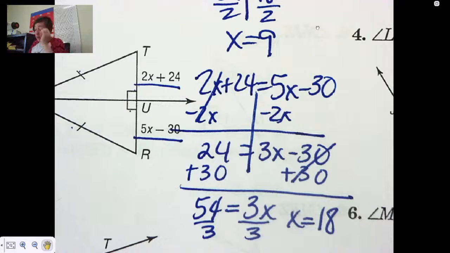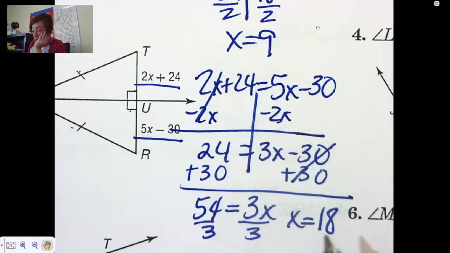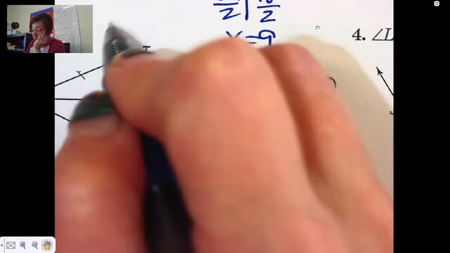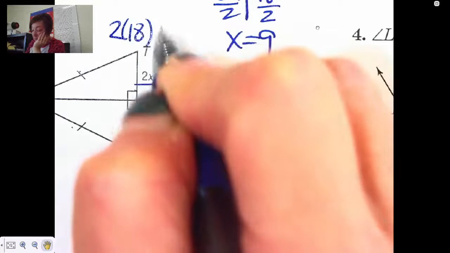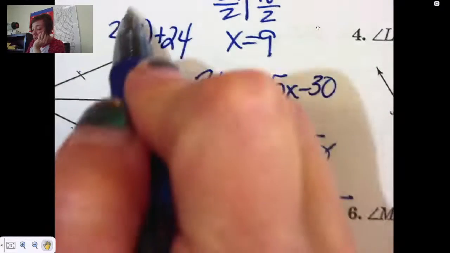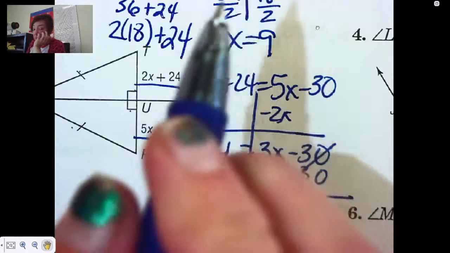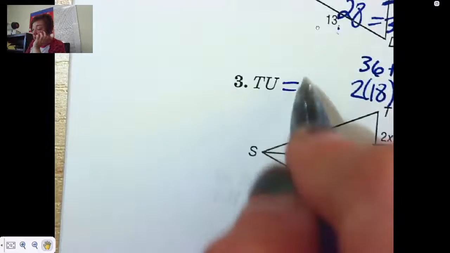TU. So to find TU, what do we still have to do? Plug it in. So we're going to do 2 times 18 plus 24. What's that? 36 plus 24? Which is 60. So TU equals 60.